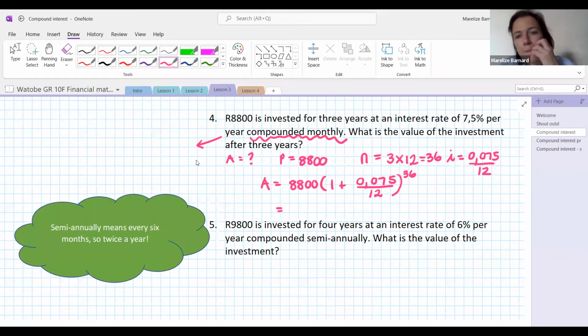I wanted to ask, will it still give you the exact same answer if you were to first go 8,800 times 1 plus 0.075, and first work out the A value, the way you would usually work out a simple interest value, and then after that use the accumulated amount divided by the number of months? Will it still be the exact same thing?